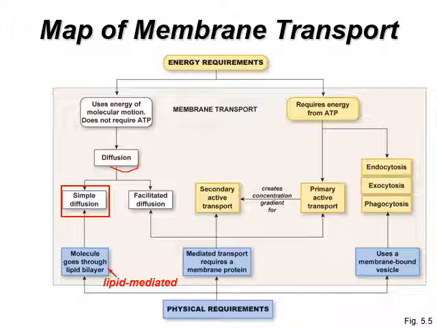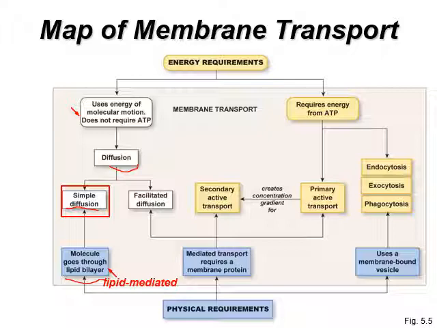Now we're going through a membrane. In this case, simple diffusion means the molecule is passing directly through the plasma membrane, going through the lipid bilayer. So what kind of molecules do you think this is? We kind of saw that on the earlier map. We saw small molecules move through the plasma membrane easier, but what other characteristic is important? Nonpolar molecules are more likely to move through the plasma membrane than polar molecules.